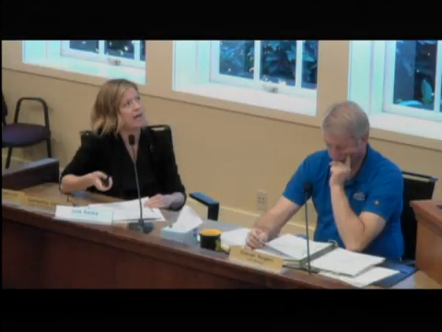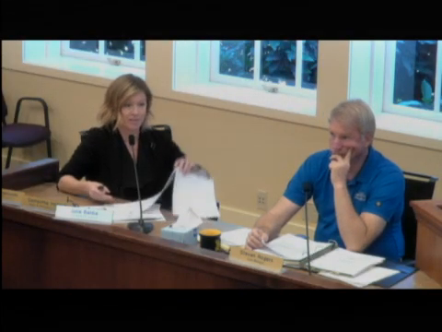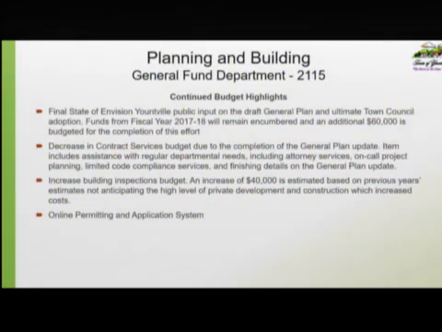The next budget highlight is that we are entering the final stage of the Envision Yountville General Plan update, and we are adding $60,000 to the budget for this next fiscal year, and that's in addition to the funds that are already encumbered from the past 2 fiscal years for this effort.